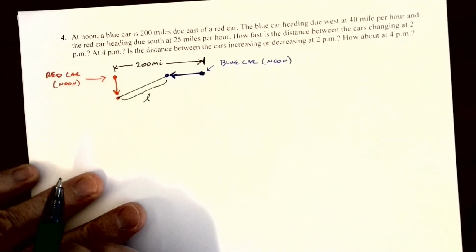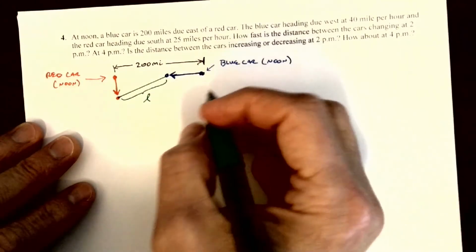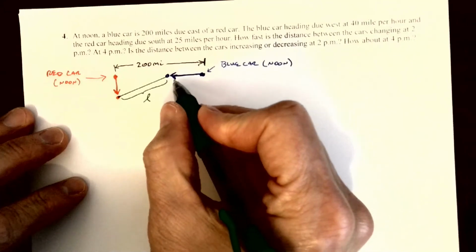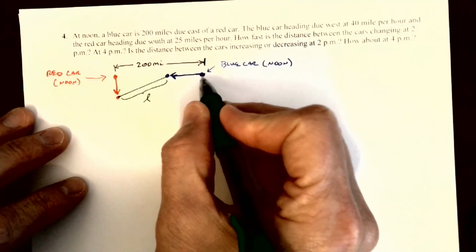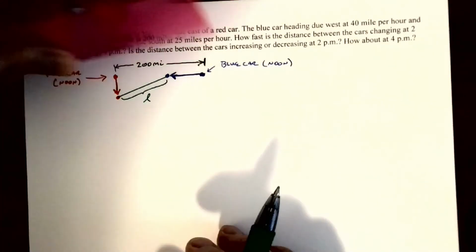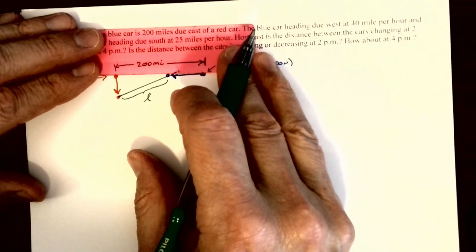And then what else is changing? Well, I've got a couple other variables. The blue car is changing, so I need a variable to represent it. One thing you could do is let x be the distance the blue car has traveled, and that's fine. I'm going to do it a little differently here, and I hope you'll understand why.